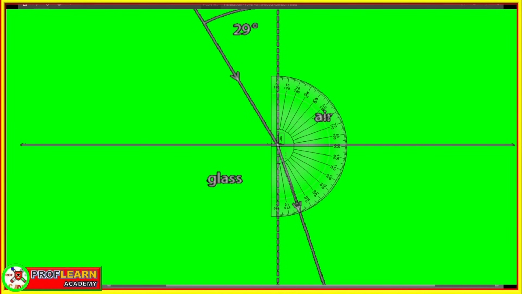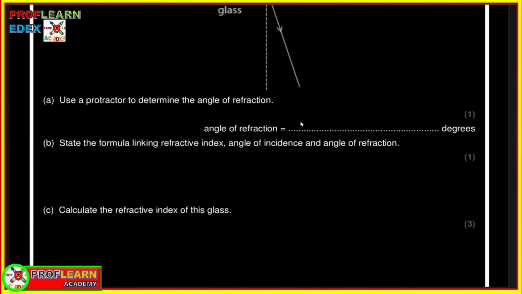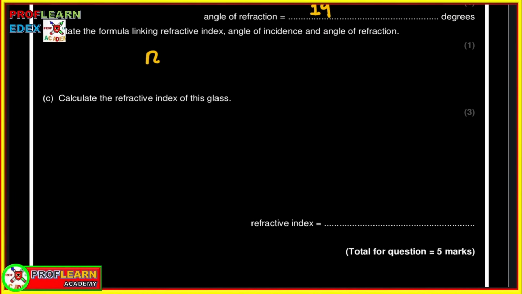So the angle down here, the angle of refraction, is 19 degrees. Then the formula for refractive index is sin i over sin r, so we can substitute it here so that we can work out that value.